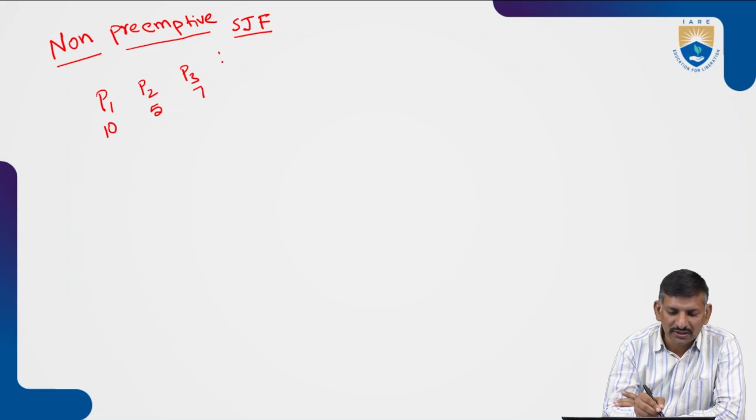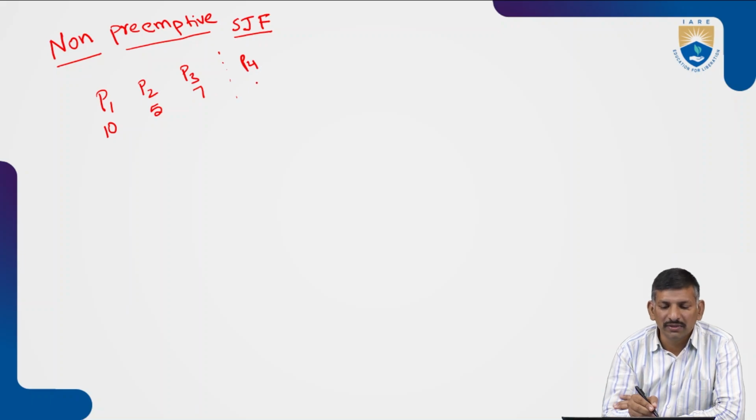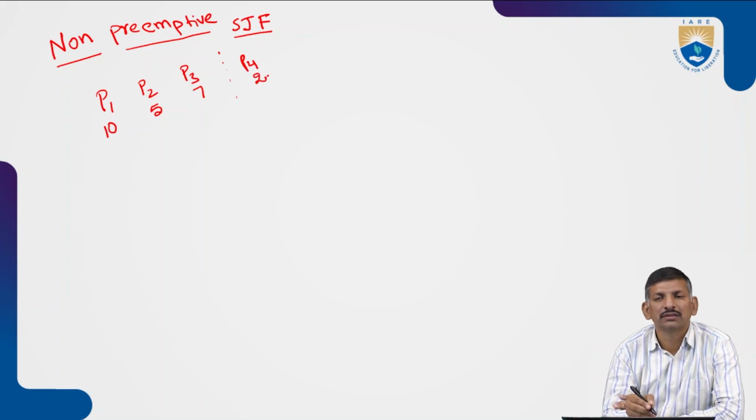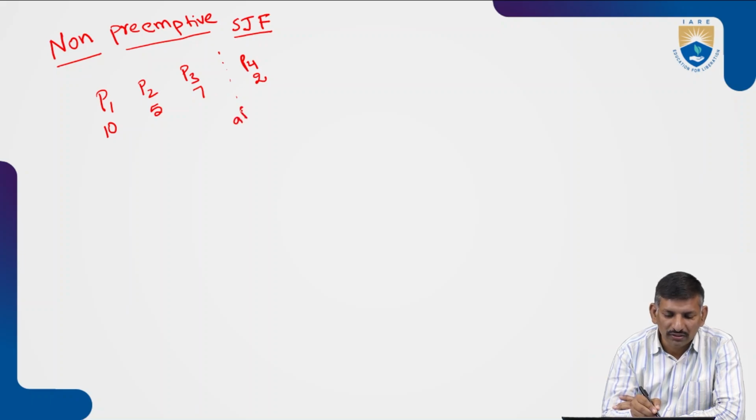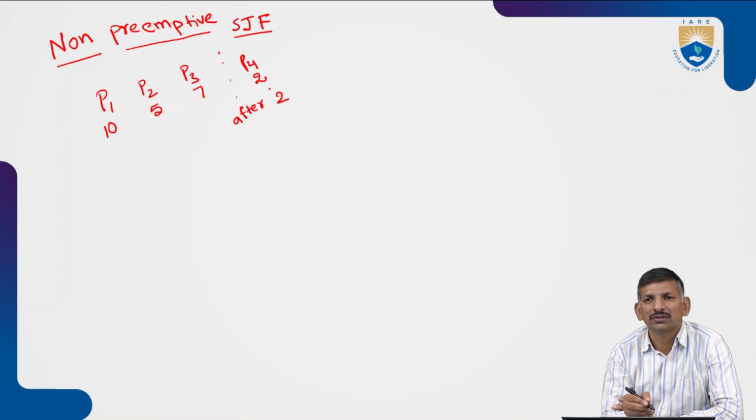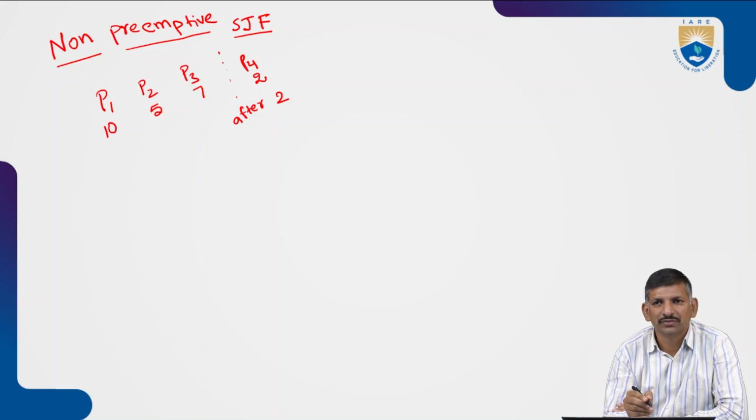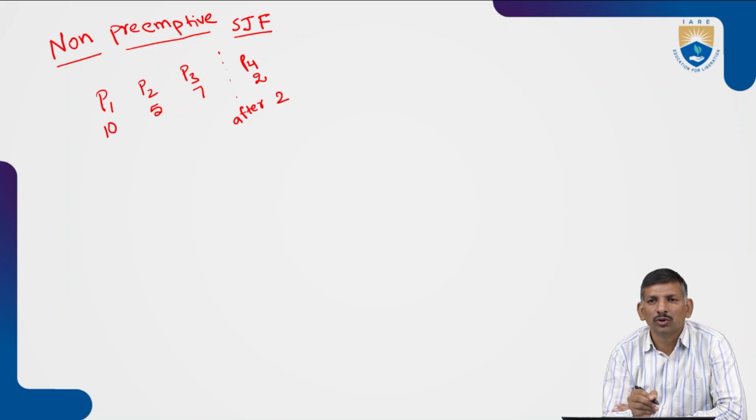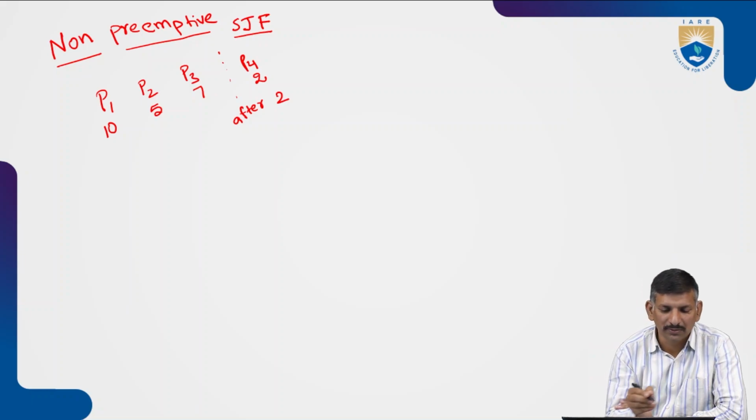A new process P4 with estimated execution time of 2 milliseconds enters into the ready state after 2 milliseconds of starting the execution. Let us consider there is no process waiting for resources or in the blocked state.